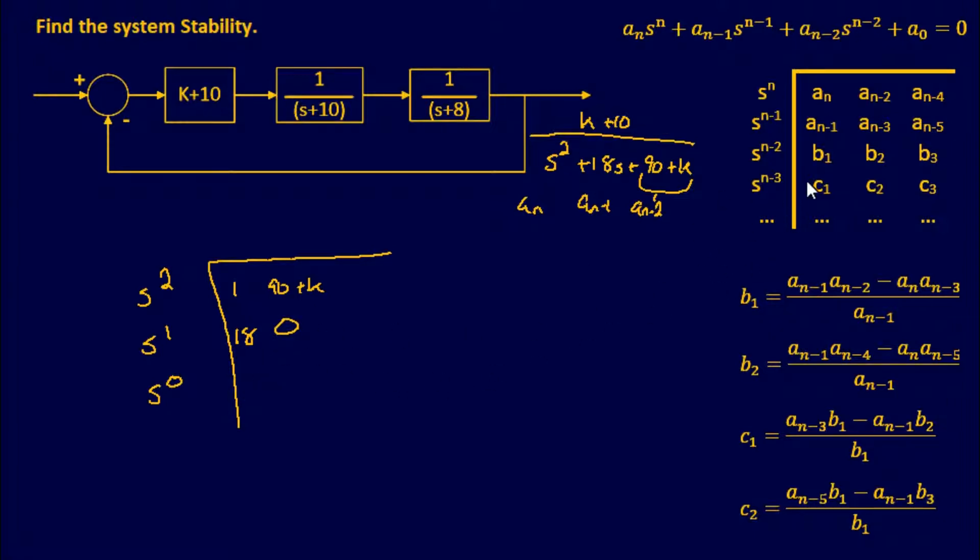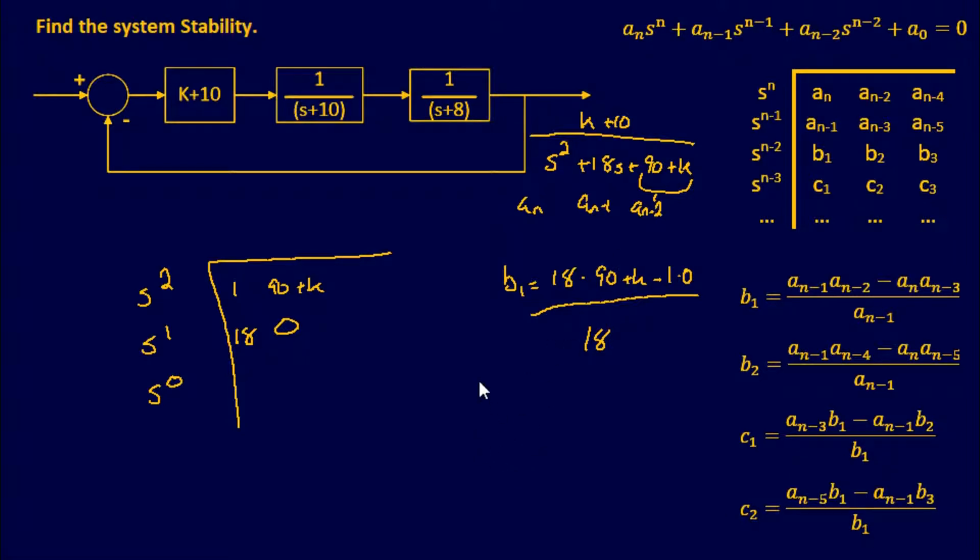Last row, it's going to be B1, which is plug and chug in our equation. So it's 18 times AN2, which is 90 plus K, minus 1 times 0. Since we have AN 1, and that AN 3 does not exist, so it's 0. So it's over AN 1, which is 18.